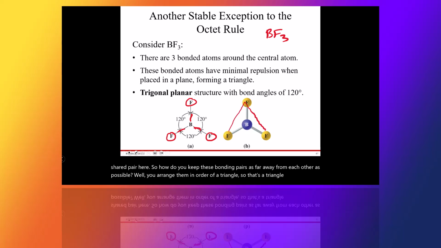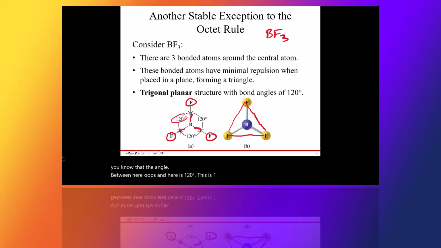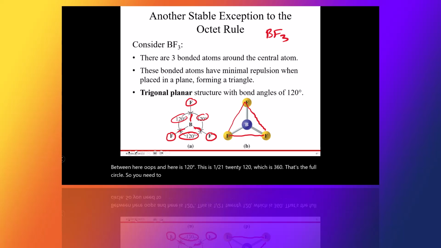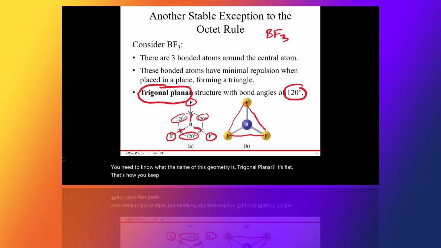And then you know that the angle between here and here is 120 degrees. This is 120, 120, 120, which is 360. That's the full circle. So you need to know the angle. You need to know the name of this geometry, trigonal planar. It's flat. That's how you keep three bonding pairs as far away from each other as possible.